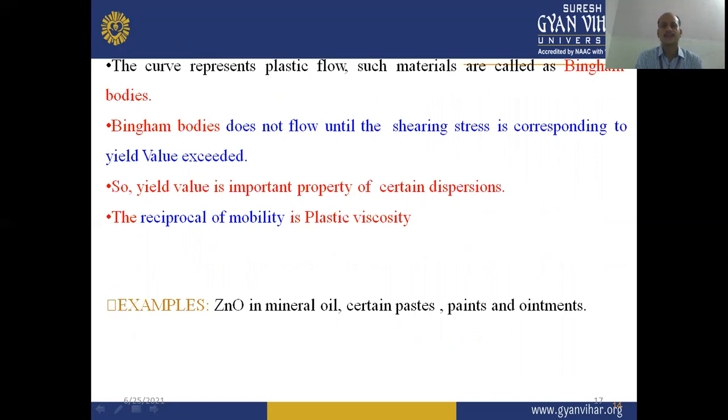Once the yield value is exceeded, the Bingham body shows behavior like Newtonian liquids, where shearing stress and rate of shear are directly proportional to each other. Yield value is a very important property of certain types of dispersions, and the reciprocal of mobility, as we discussed earlier, is known as plastic viscosity.